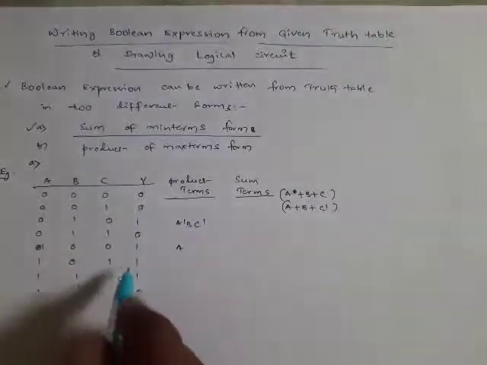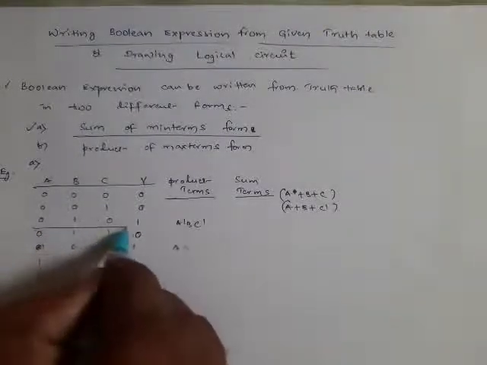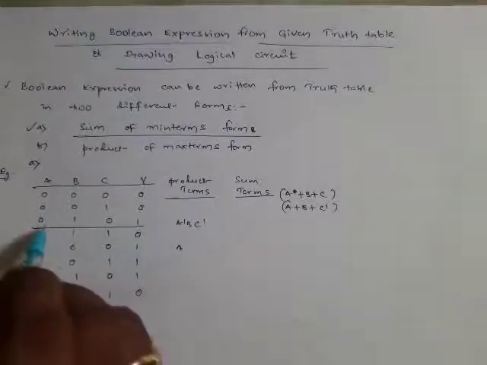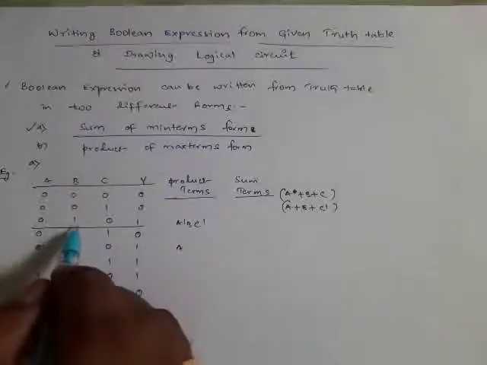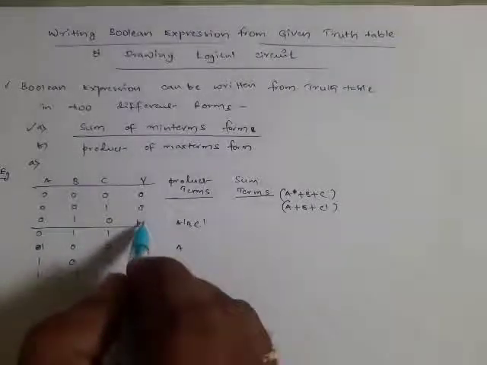And here you can see that this is one combination, where a equal to 0, b equal to 1 and c equal to 0, the function is equal to 1.